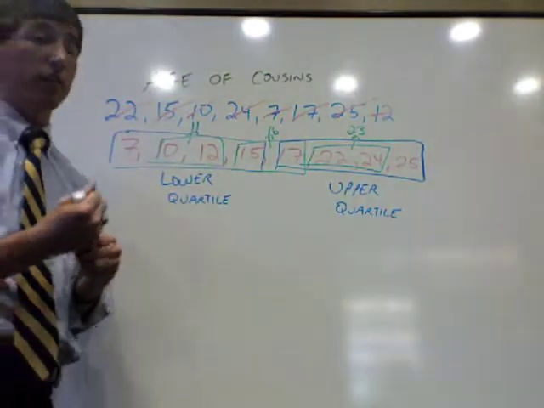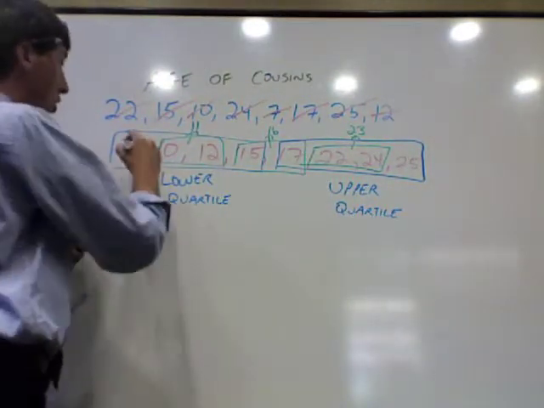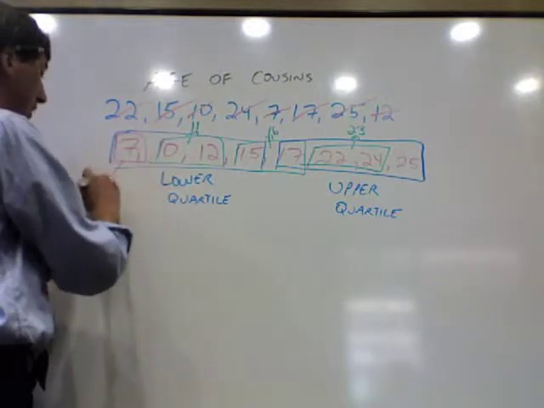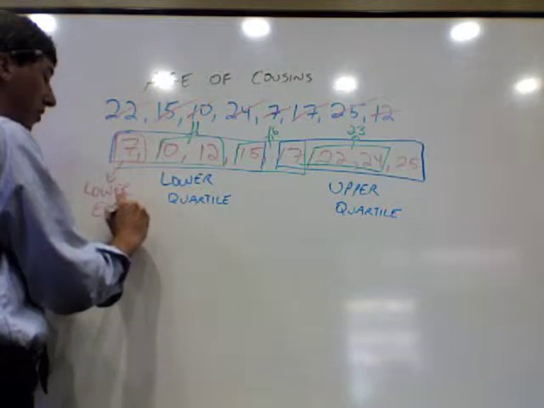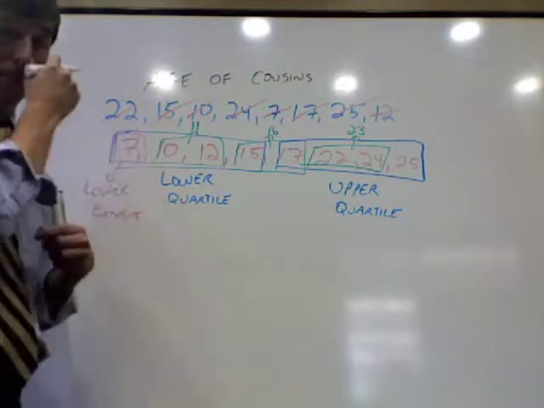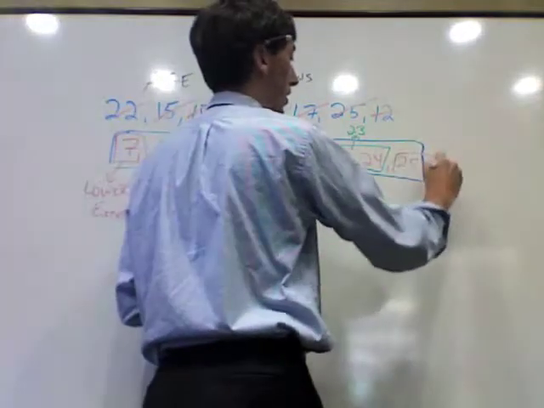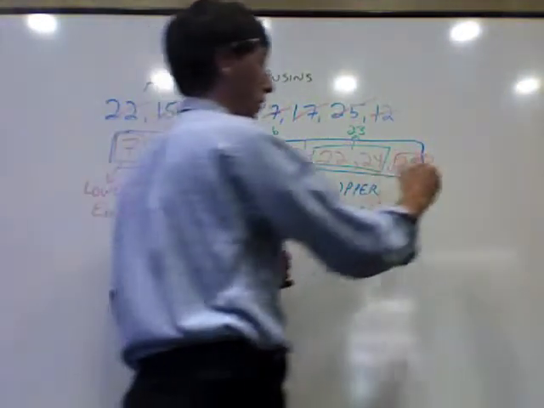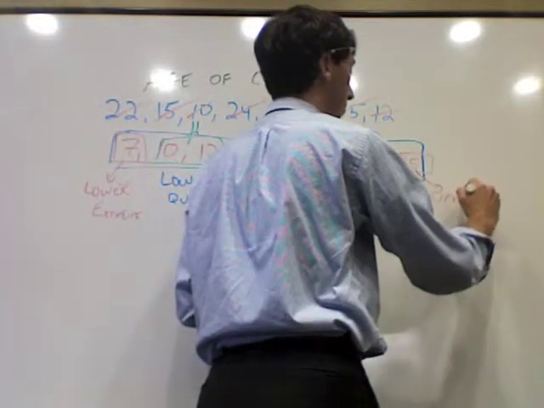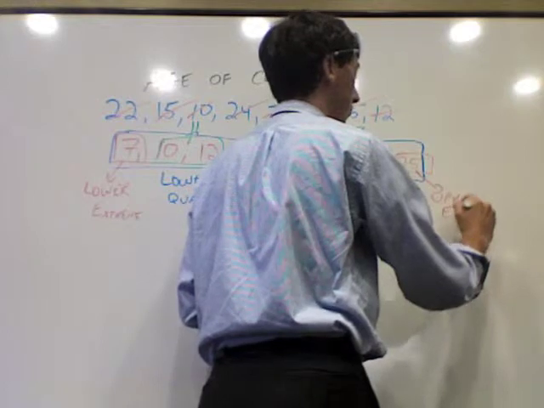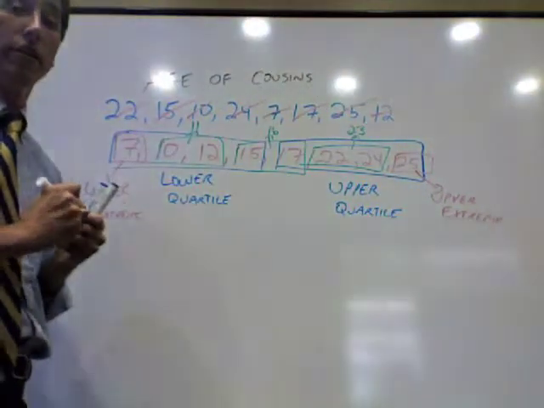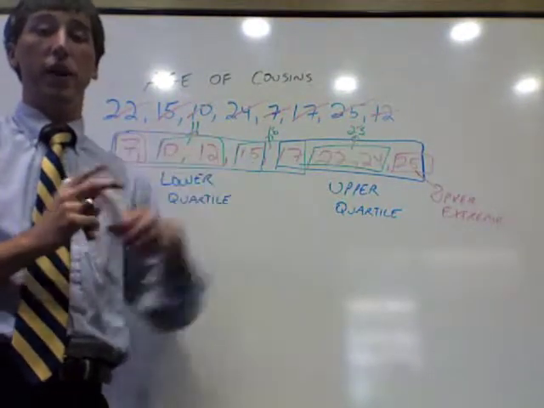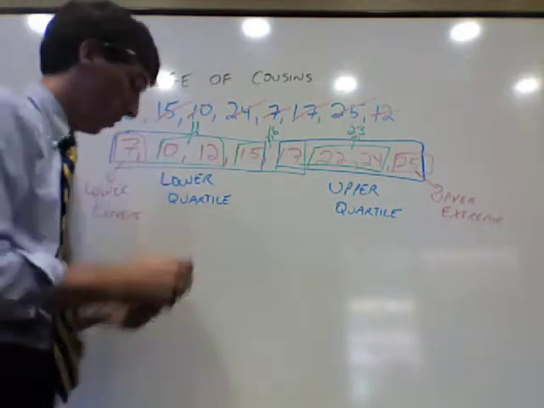The last thing I need would be my lower extreme, which is the smallest number, in this case 7, and my upper extreme, which in this case is 25. Now that I have these 5 numbers, I can create my box and whisker.